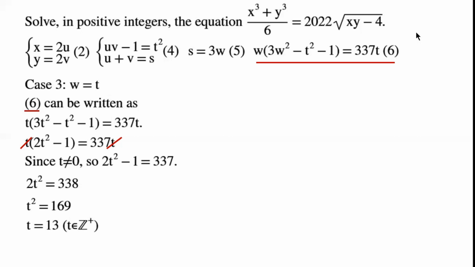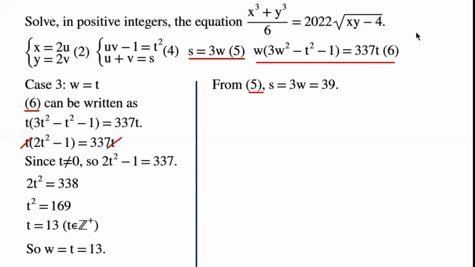So t equals 13, as t is a positive integer. So w equals t equals 13. From equation 5, s equals 3w equals 39.